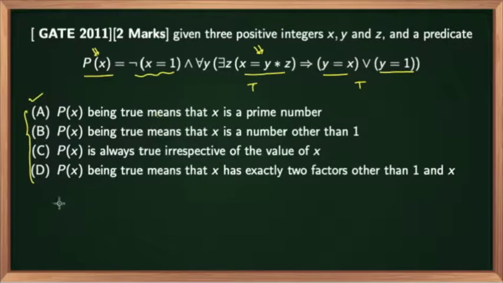Anyway, let's see an example. Let's see what happens on P of 4. If it evaluates true, then choice A should be wrong. So we have the set of integers 1, 2, 3, 4, etc. And we are going to calculate P of 4. So x is not equal to 1 here, so for P of 4, this portion will always be true.